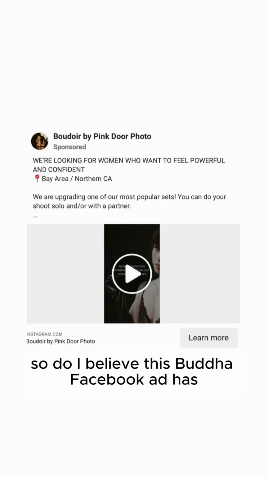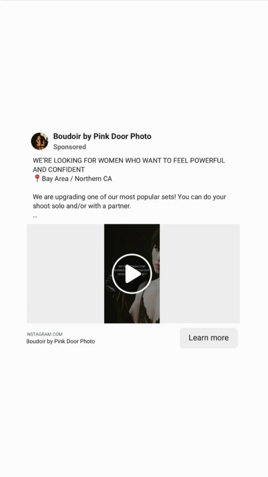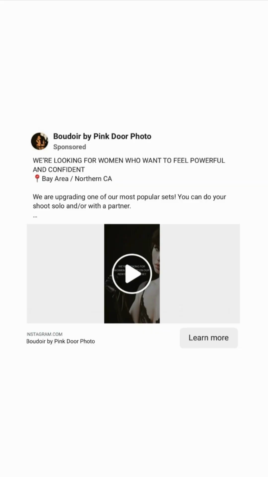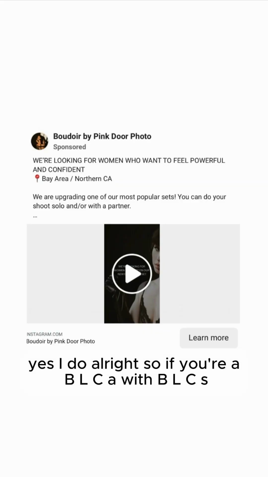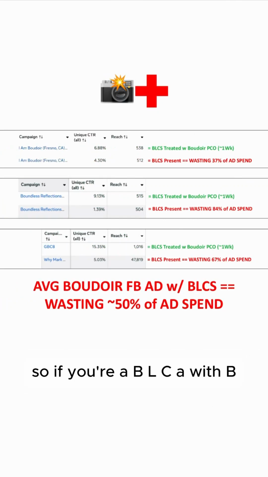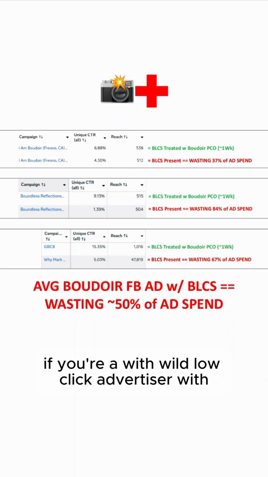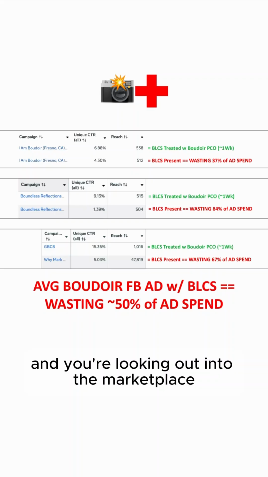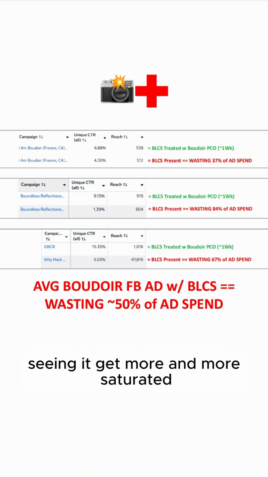So, do I believe this boudoir Facebook ad has boudoir low click syndrome, aka BLCS, with a unique CTR under 6%? Yes, I do. So if you're a BLCA with BLCS, a boudoir low click advertiser with boudoir low click syndrome, and you're spending more than 10 grand a month on boudoir Facebook ads, and you're looking out into the marketplace, seeing it get more and more saturated.